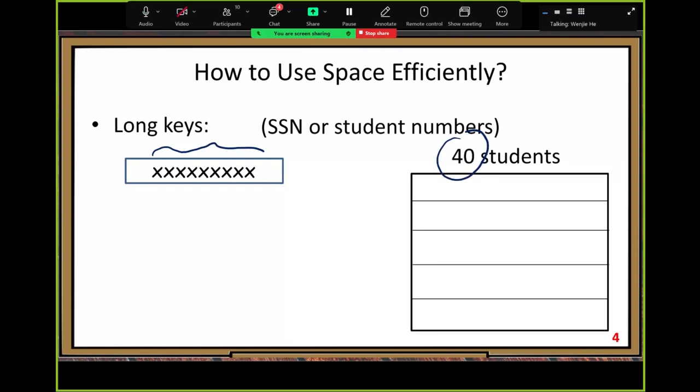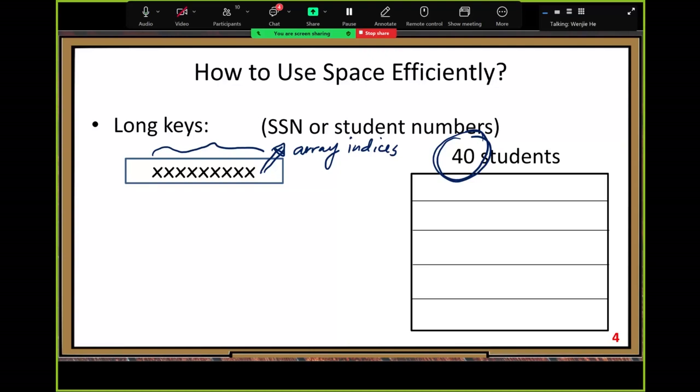But if you want to use index search, you need to create an array using this number as array indices. Your array is huge. Think about a 9-digit number as your array size, but you only store 40 students' data there. So you waste too much space.